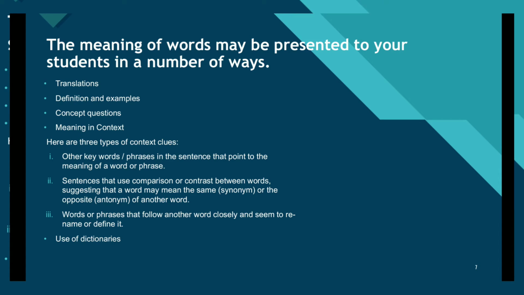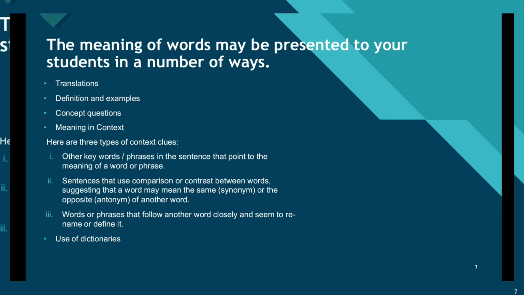Here are 3 types of context clues. The first one: other keywords or phrases in the sentence that point to the meaning of a word or phrase.